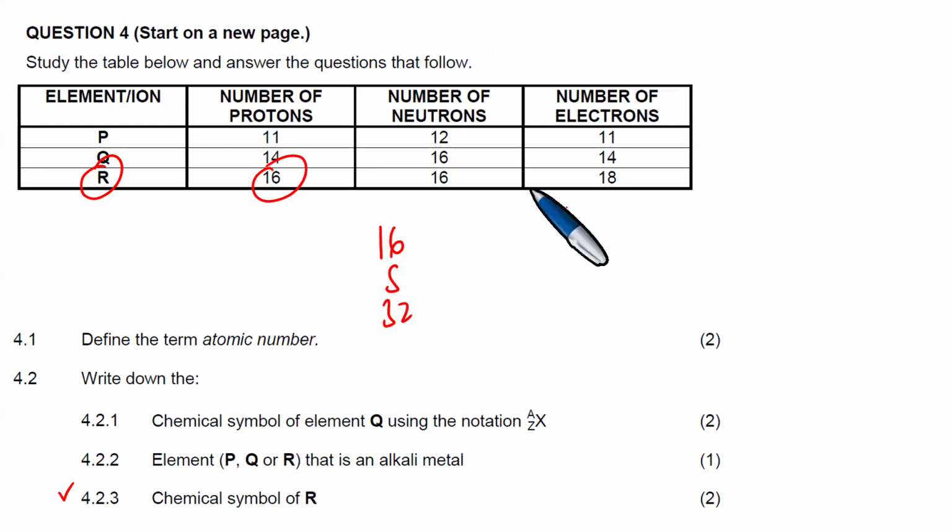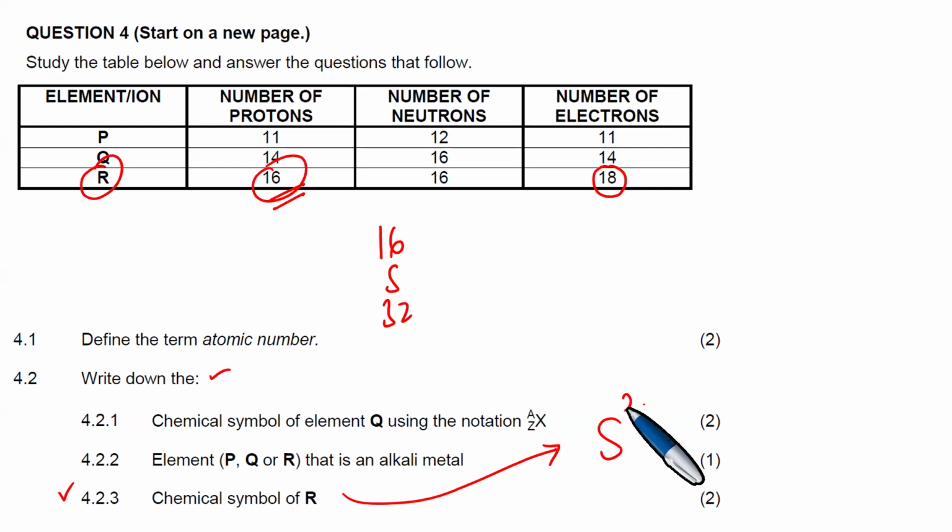But now, if you look at these, the electrons are 18. The protons are 16, and the electrons are 2 more, so they don't balance. Because they don't balance in 4.2.3, you're going to write down the chemical symbol. It's going to be sulfur 2 minus.